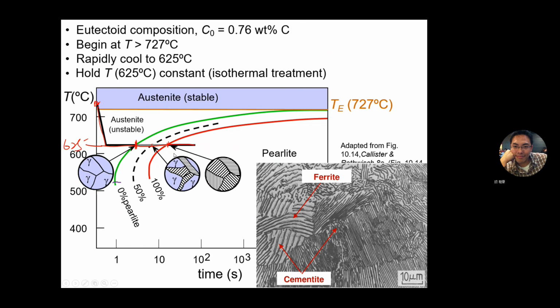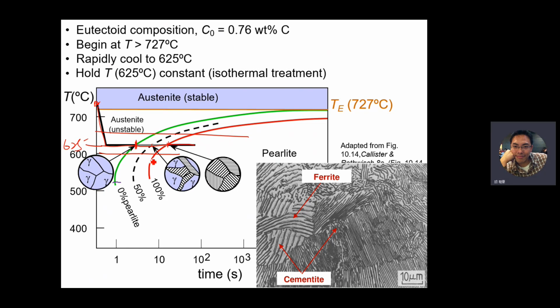Okay. Of course, you can figure out if this temperature is 600, say here, or it's 650 here. So from this isothermal diagram or the TTT diagram, we can figure out the time for the 50 weight% of the perlite form, right?